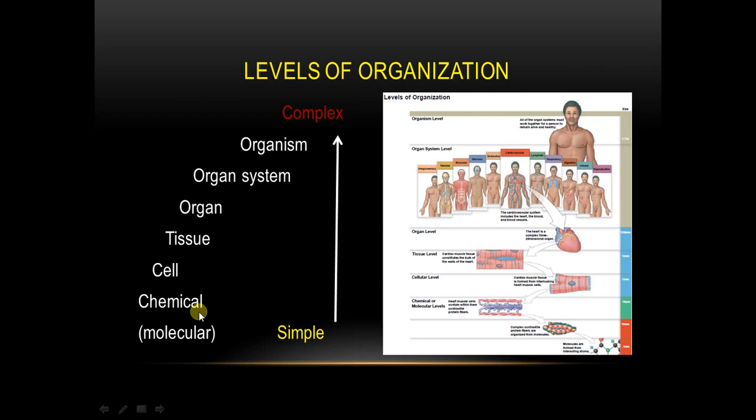Now these molecules, especially protein molecules, are very indispensable because they are responsible for the various functions of the cell. They synthesize so many hormones, enzymes and all those things.